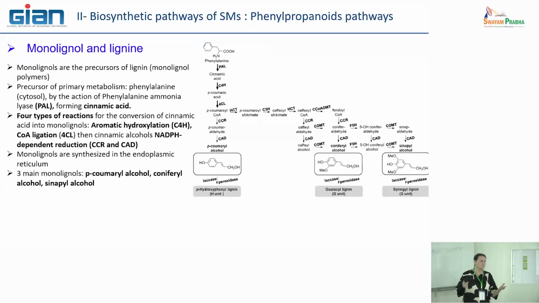But the assembly can be completely different from one plant to another, and even in one plant from one cell to another, because lignin is a very important component of the cell wall. It can be accumulated in a large part or in a small part. It depends on the type of tissue, of the cells.